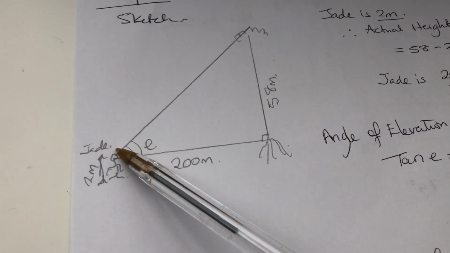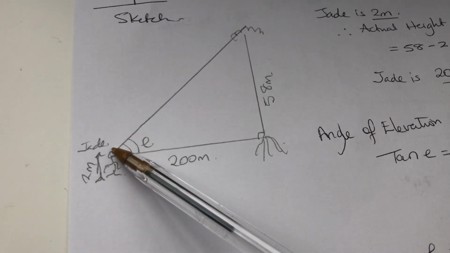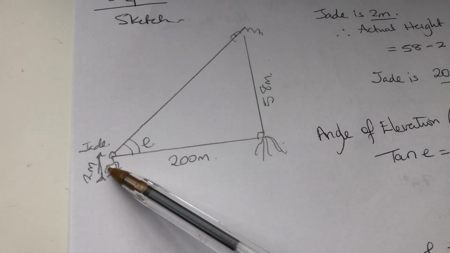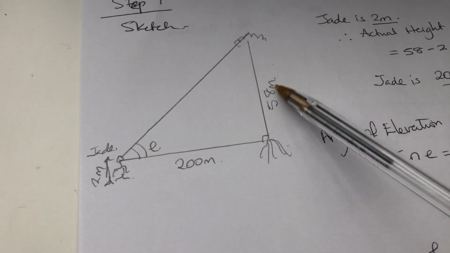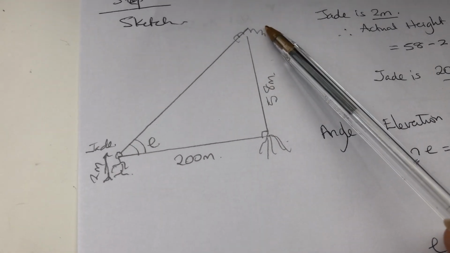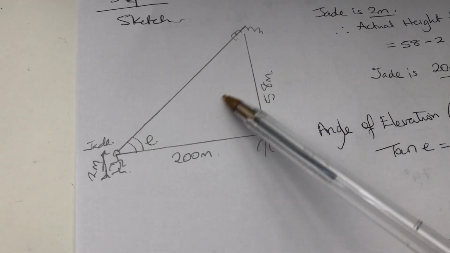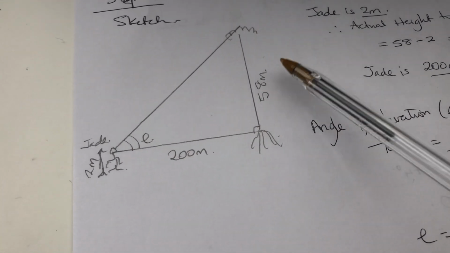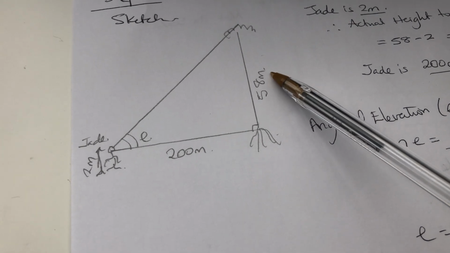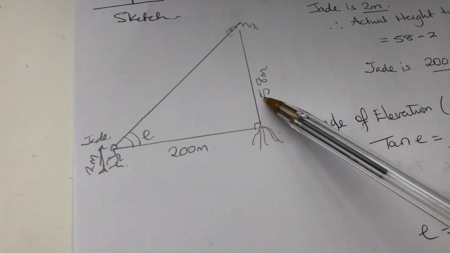But we already know that Jade is 2 meters, so we take 2 meters out of the 58 meters, and now we are going to use 56 instead of 58.